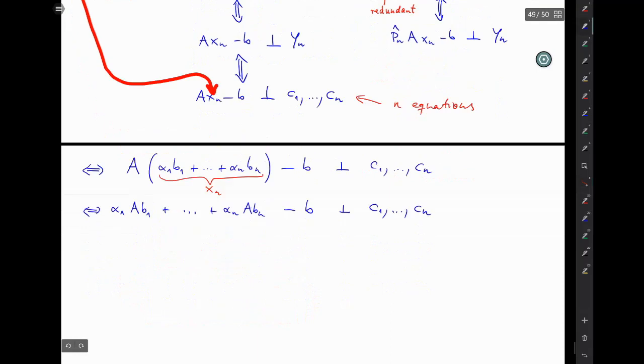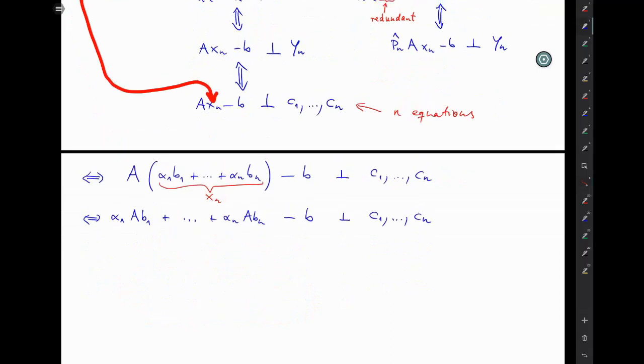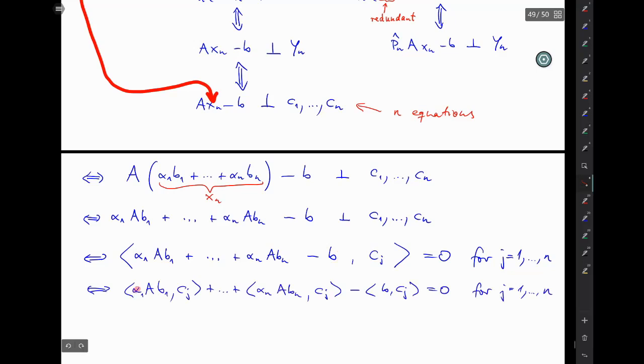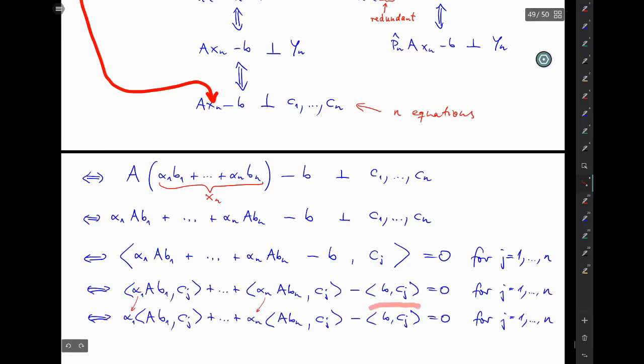Now let's rewrite that in terms of scalar products, and then use additivity of the scalar product in the first component, so you can split this up into two, or if you want even more scalar products. Then get the little alphas out here, and bring this term here to the other side.